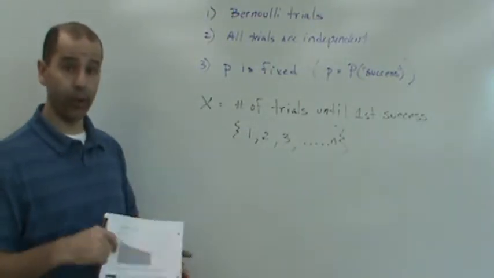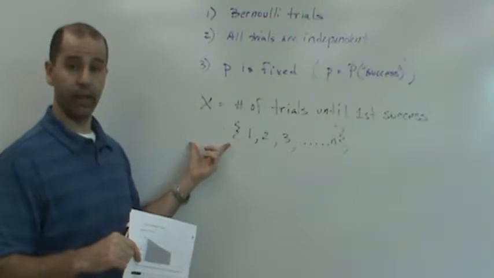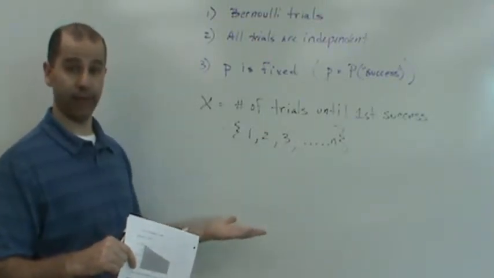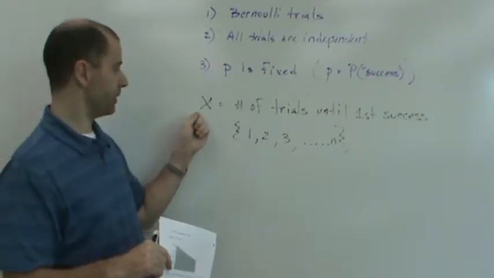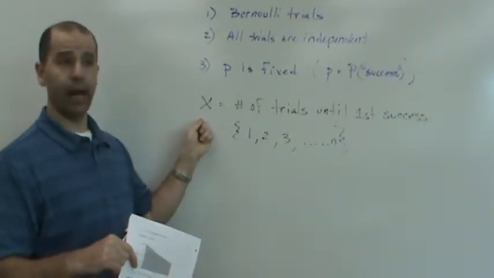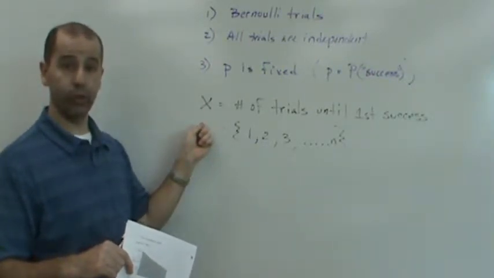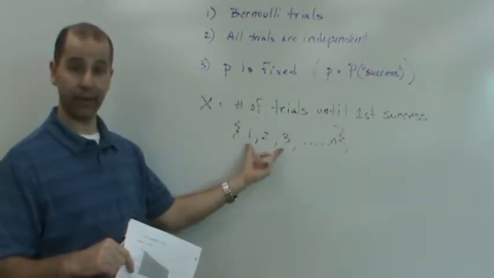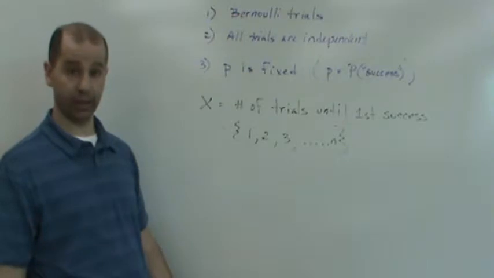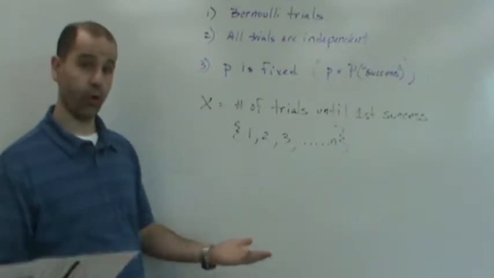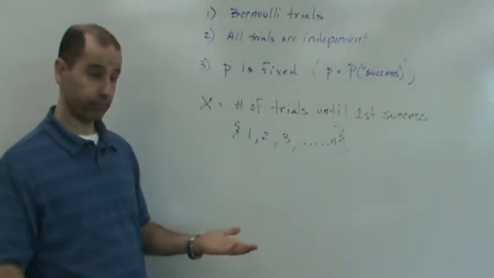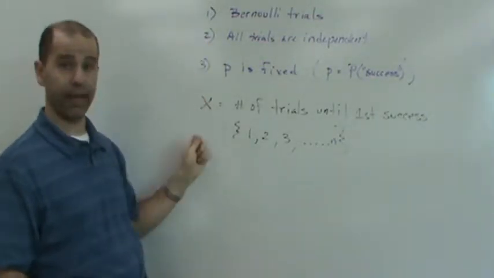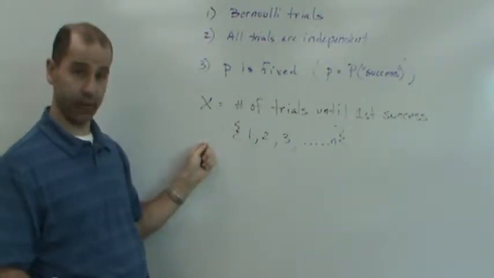In a binomial experiment, x is counting the number of successes out of n trials, so n has to be fixed, okay? But as soon as we say, I just want to know how many trials I need to do before I get my first success, now x is counting that. So now it becomes a geometric distribution. So be careful. You also have to make sure that not only the conditions are met, but how we're defining x, the random variable.